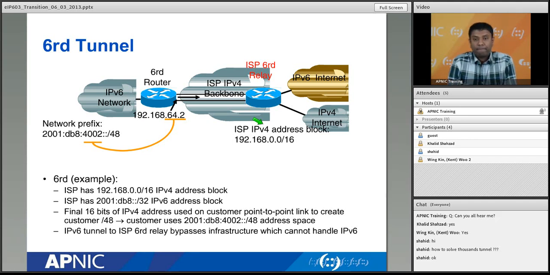Okay. Now we will discuss 6RD. This is another technique. 6RD is conceptually the same as 6to4. Tunnel destination will be discovered automatically. But in a real environment, in which situation do we use a 6RD tunnel?